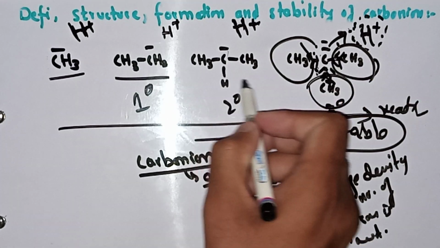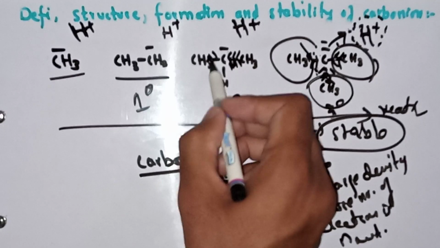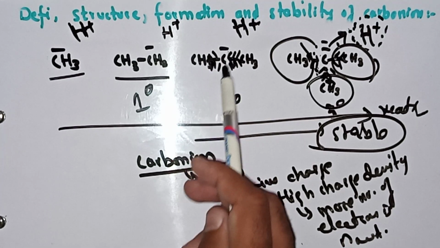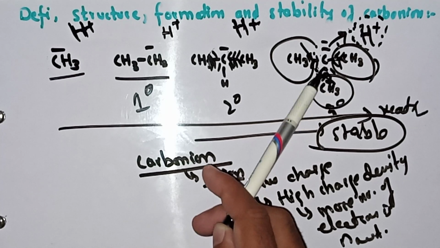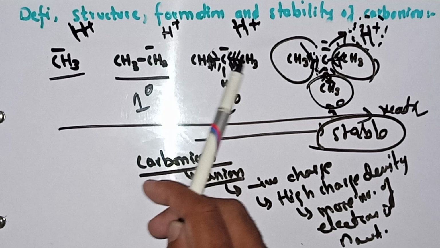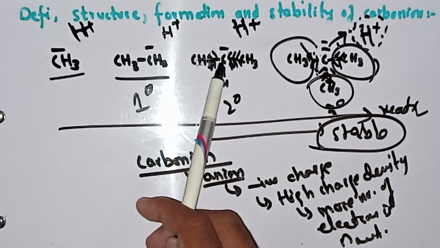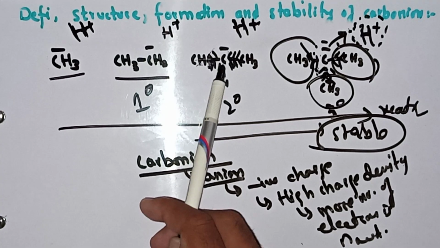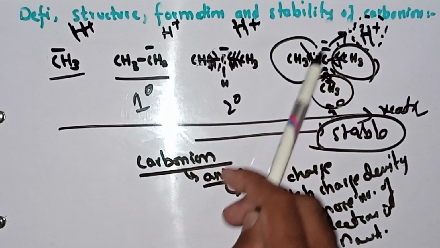But in the case of the secondary carbanion, only two electron donating groups are attached to the carbanion. It means there is less electron density compared to the tertiary carbanion. Because there are only two methyl groups, two electron donating groups, it will not have enough capacity to increase the electron density on the carbanion as in the case of the tertiary carbanion.